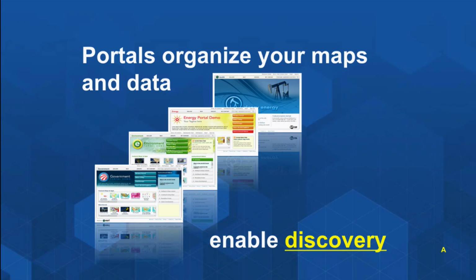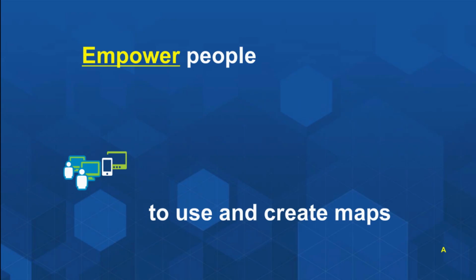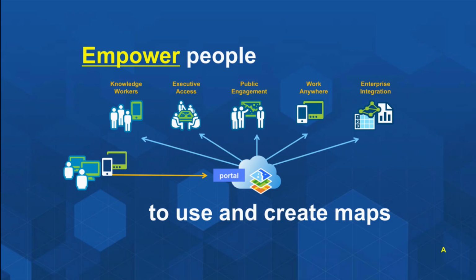It contains maps, layers, data sets, applications, and it enables people to discover your organization's content and engage with your organization. But that's not all, because people can then feel empowered to create content and contribute it to the portal, which can then share it out to all its different constituents, be it decision makers, knowledge workers, or even informed citizens.